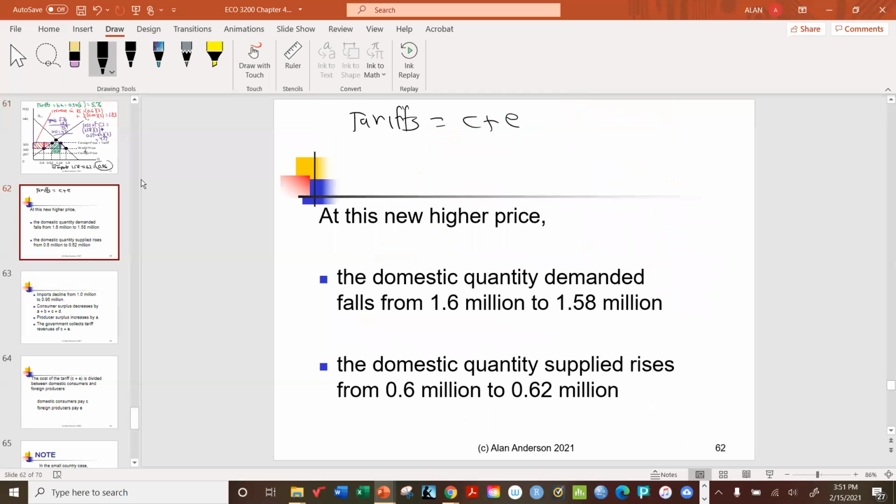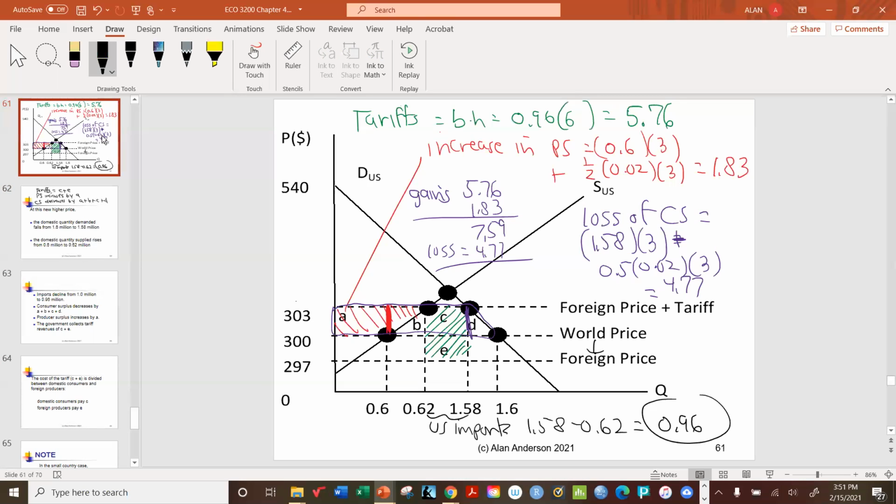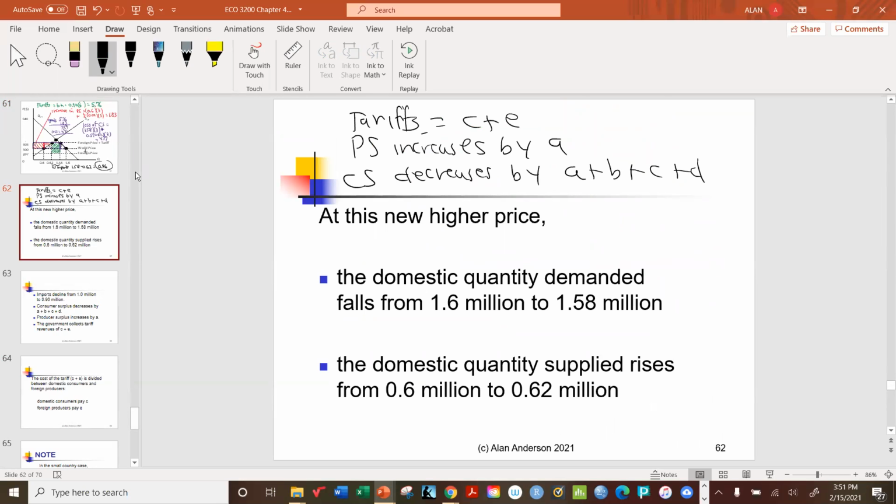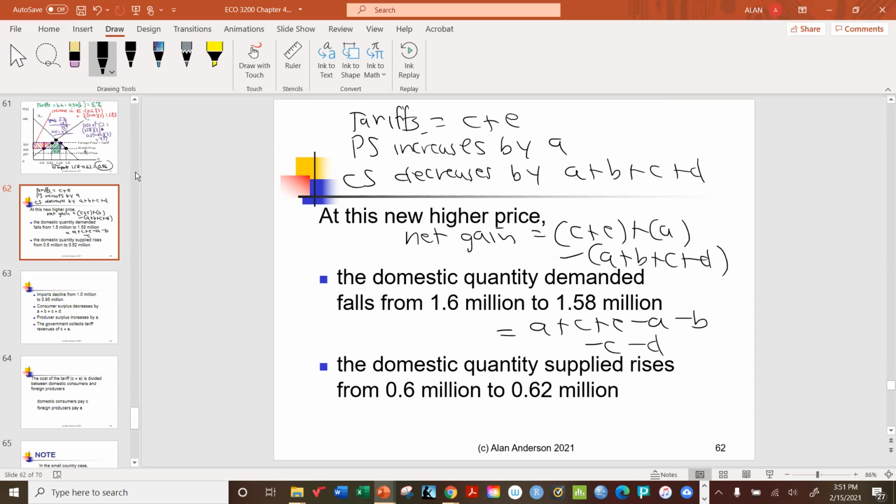The producers gain A. But the consumer surplus decreases by A plus B plus C plus D. So if you combine those, you should have C plus E plus A minus all of these, so let's call this A plus C plus E, minus A minus B minus C minus D. And so you should get E minus B minus D.